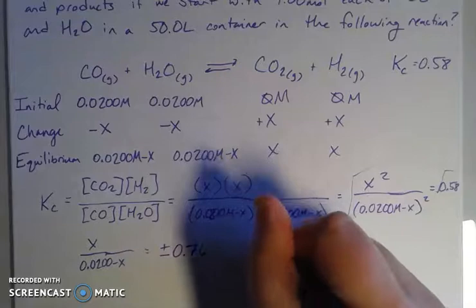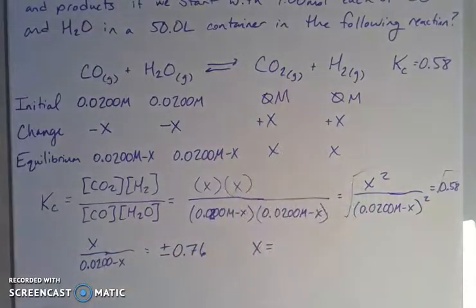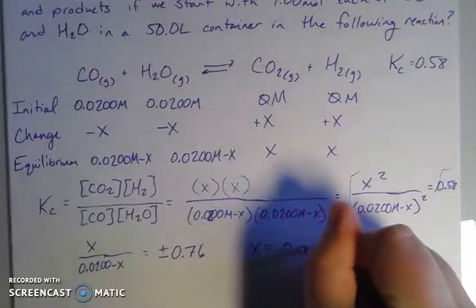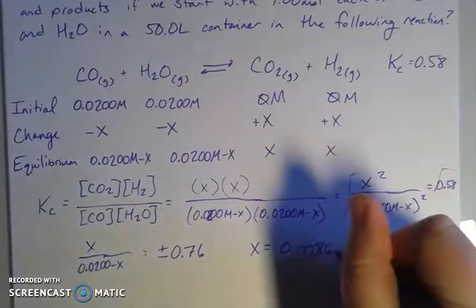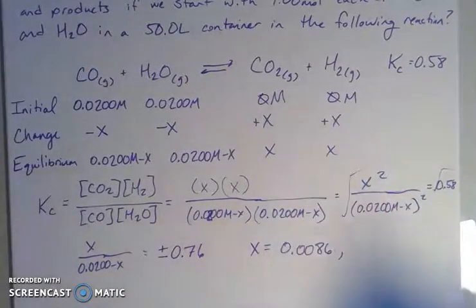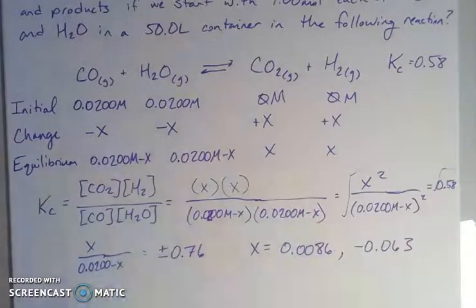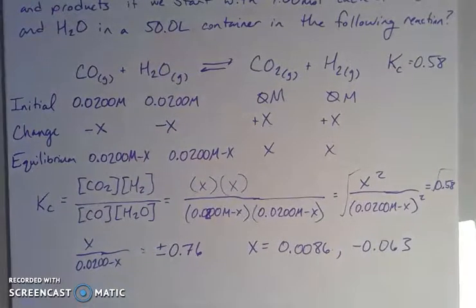So we end up with two values for x. If we go the positive route, I got 0.0086. And if we go the negative route, I got negative 0.063.